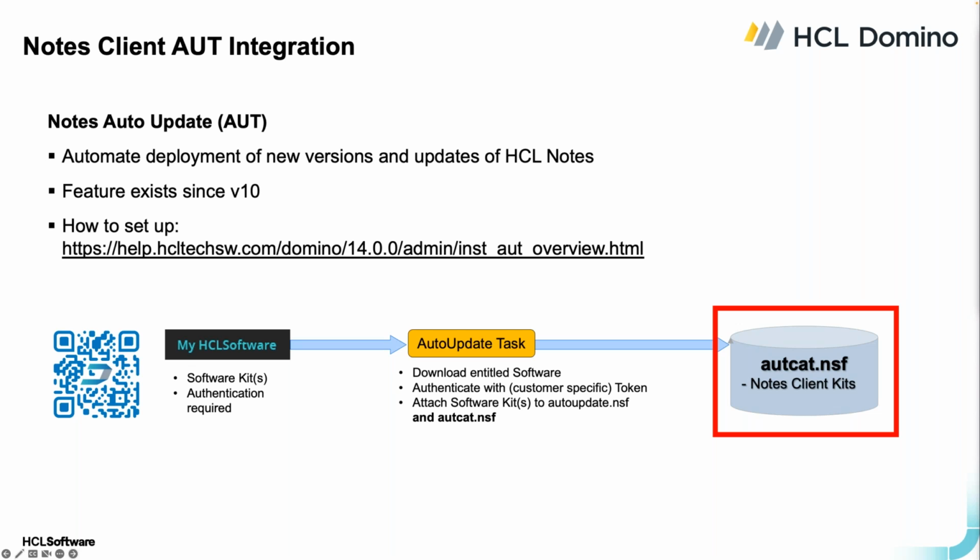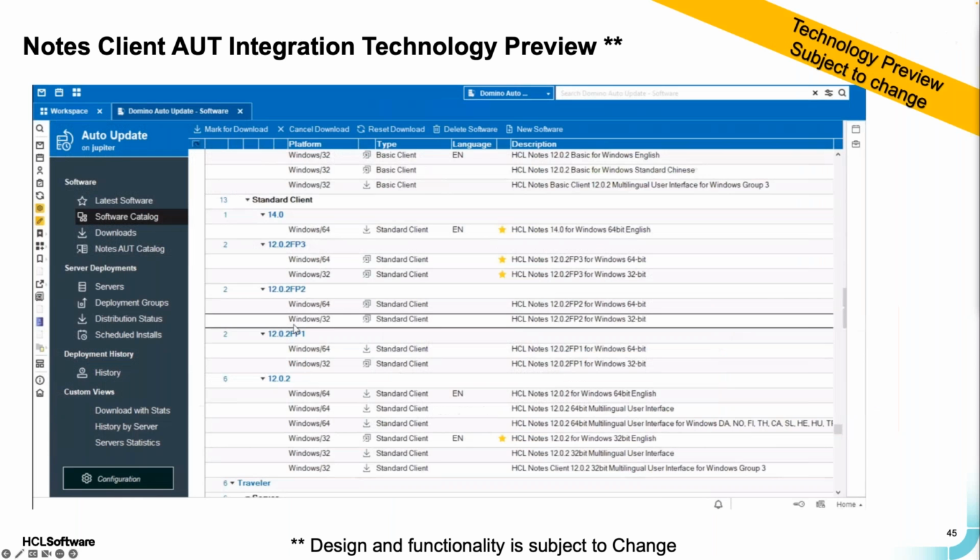It will not perform the Nodes client deployment immediately, because we know that rolling out Nodes clients to various distributed machines out there may require more communication or more handling of various sites that you have. But it enables your desktop administrators, your desktop specialists to start the deployment once the software packages are in the AUT catalog. So let's take a look into that.